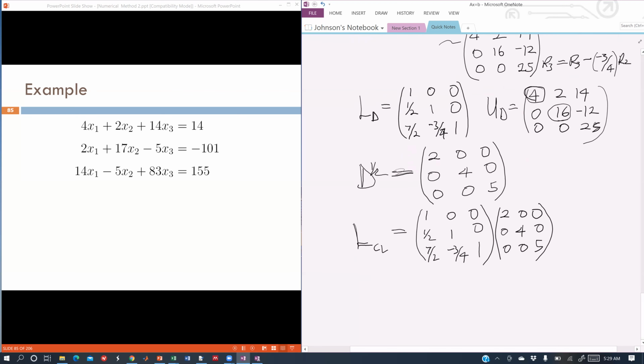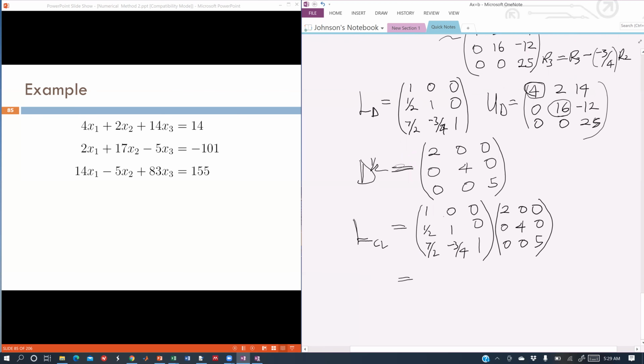When you multiply this, row 1 times column 1 will give us 2. Row 1 times column 2, and column 3, is 0. Then row 2 times column 1 will leave us 1. Row 2 times column 2 will give us 4. Row 2 times column 3 will give us 0.